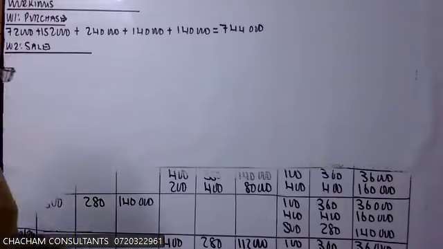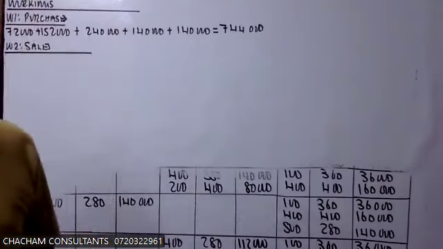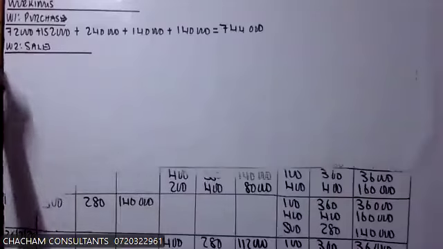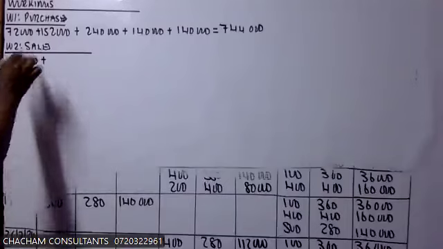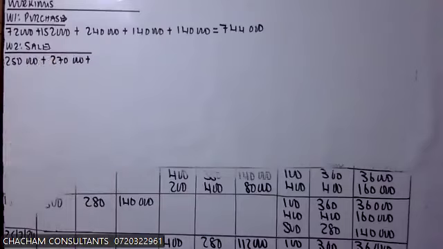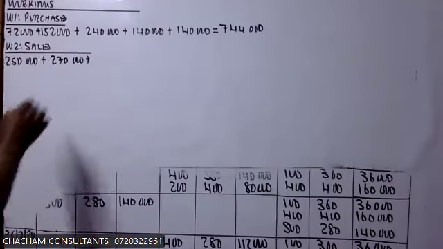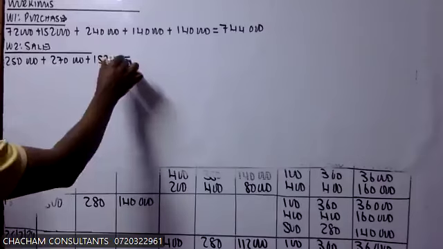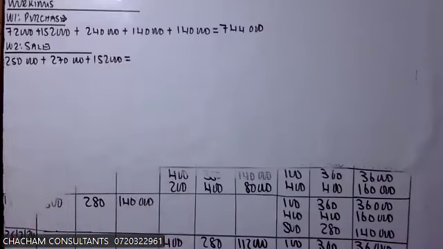You do the same style, whereby you take 250,000 plus 270,000 plus 152,000, which gives $672,000.